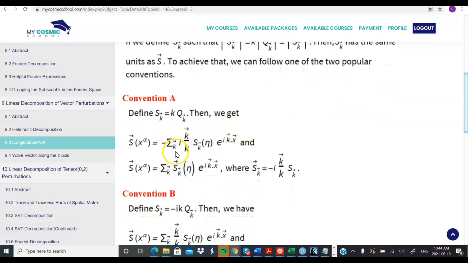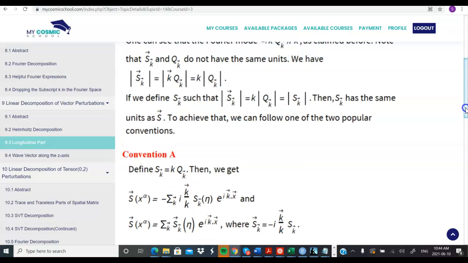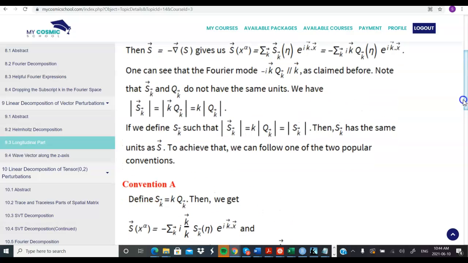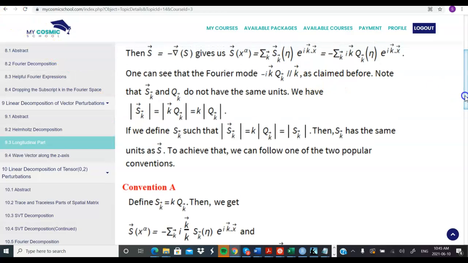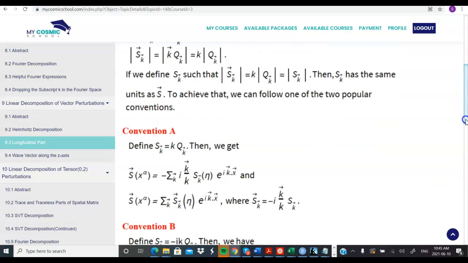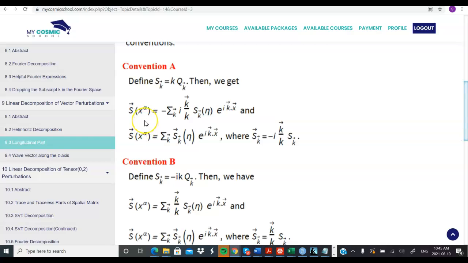Basically, vector s becomes this. Now qk you can write like this, sk over k. So you see the expansion of vector s now becomes this.